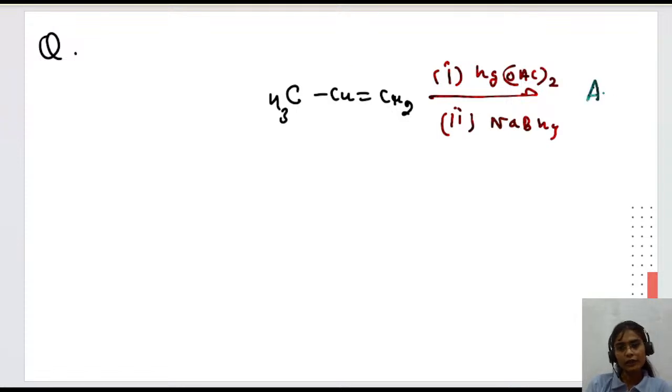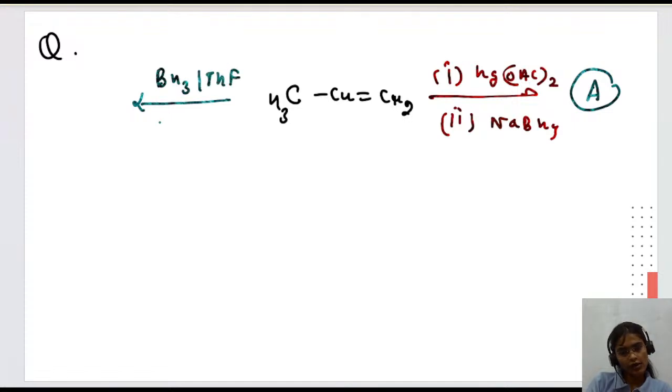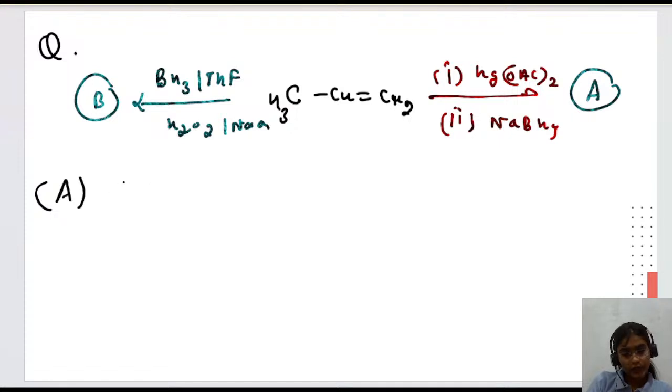So this is A. There's some A formed there. And on this side we are using BH3, THF and H2O2, NaOH. This is some B. So you have to identify what is A and what is B. Let me just write the options. Option A: A is equal to CH3, COH, CH3.